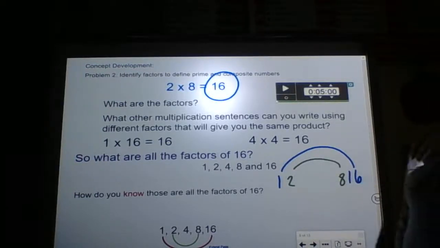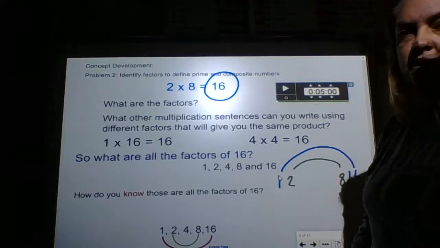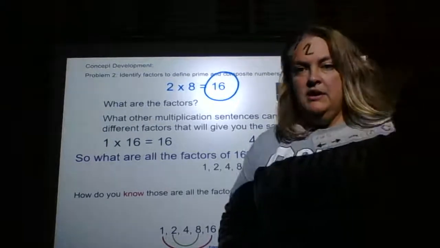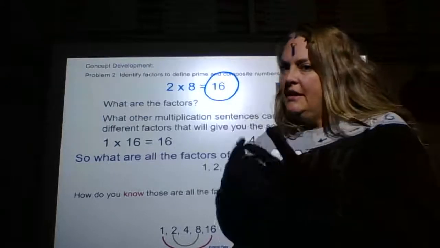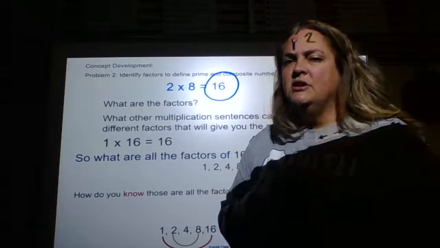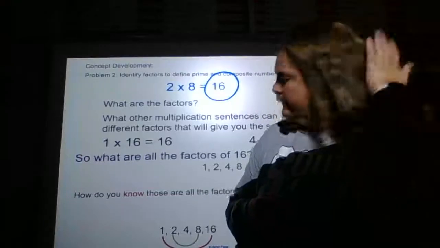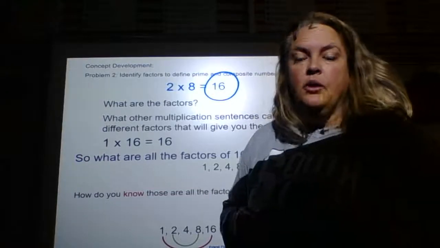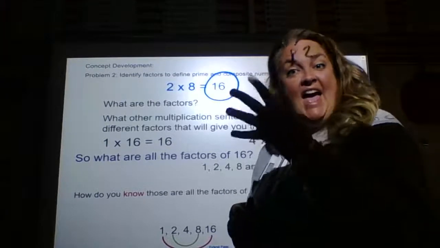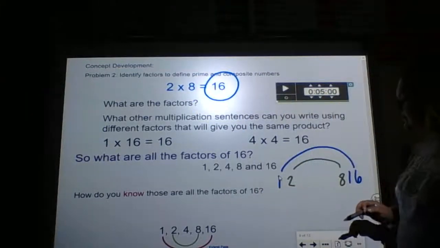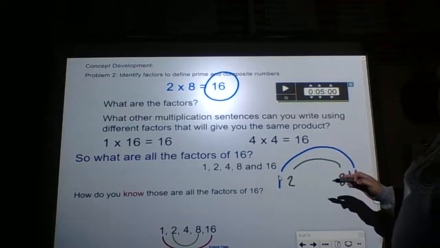What about 3? Let's test 3. Is 3 a factor of 16? If I did that, I would go 3, 6, 9, 12, 15, 18. Nope, not going to hit 16. So I tried 3. What number comes next after 3? 4. Let's try 4. 4, 8, 12, 16. Yes, right? Because 4 times 4 is 16.